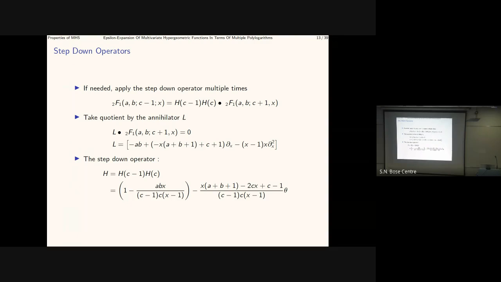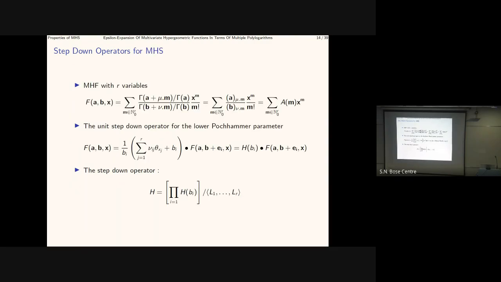So it turns out that this procedure can also be generalized to more than one variable. Again, we write the definition of the hypergeometric function in a compact form, but this time to form the step down operator, we need this matrix nu. This nu matrix will be multiplied by a theta vector, and that differential operator, when it acts on this function, will reduce the parameter in the denominator by 1 unit.